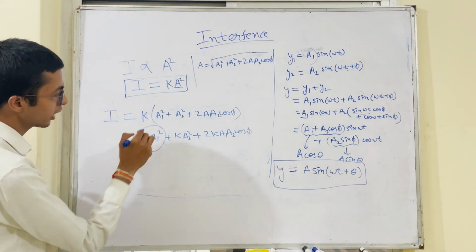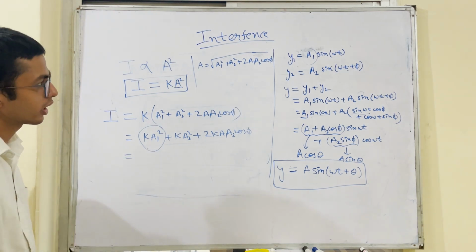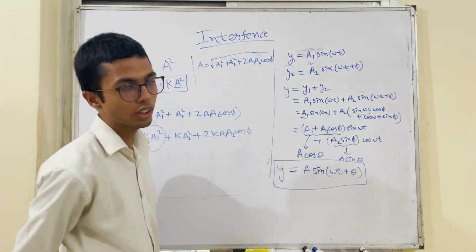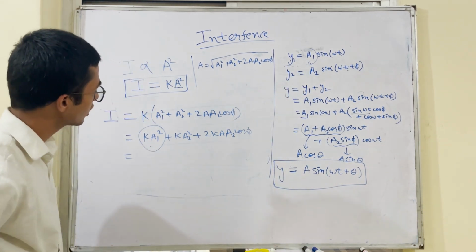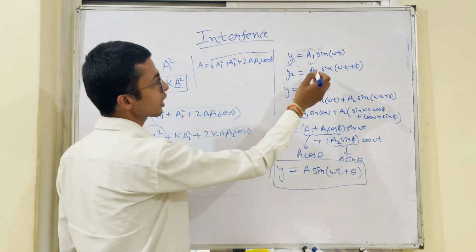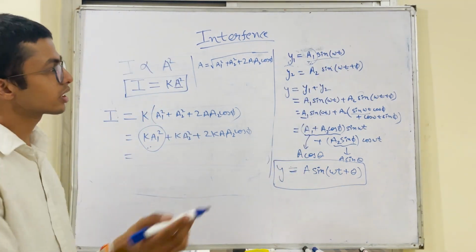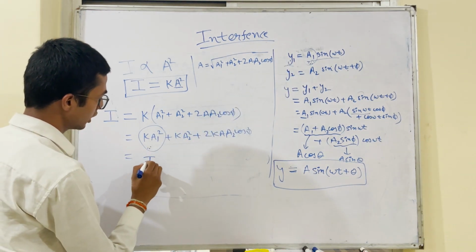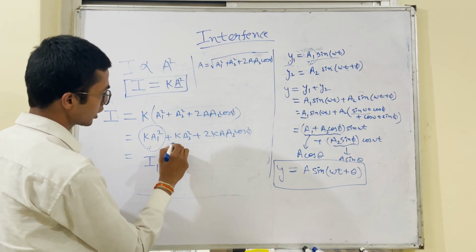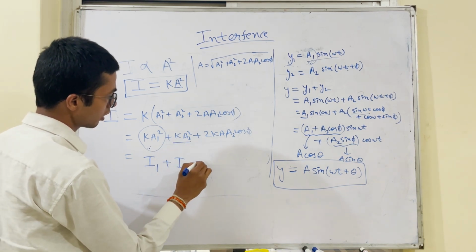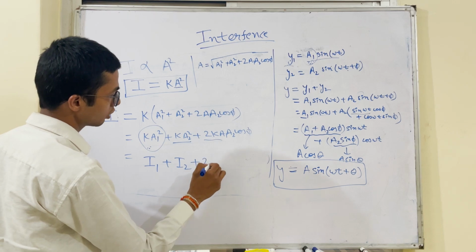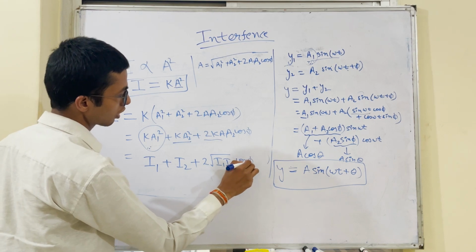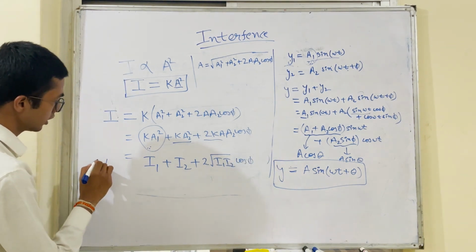What I can write is, because a1 is the amplitude of the y1 wave, I1 is the intensity carried by this wave, which I can write as k a1 square. So I can replace this by I1, this by I2, and here I can write 2 root I1 I2 cos phi. Correct? This is I resultant.